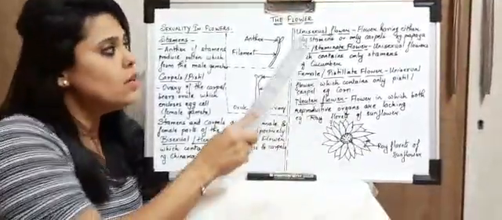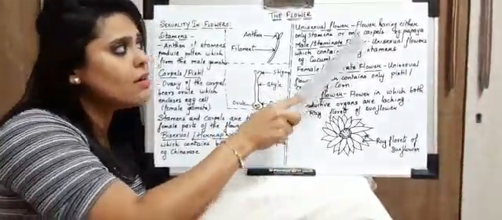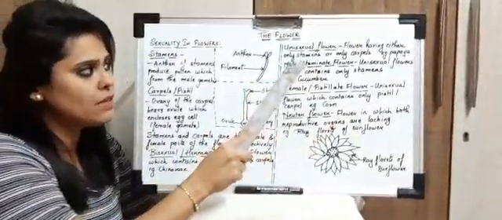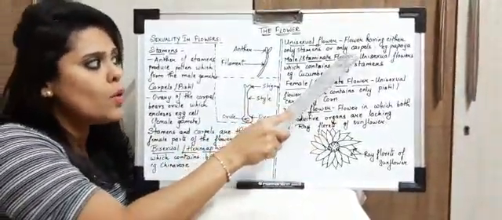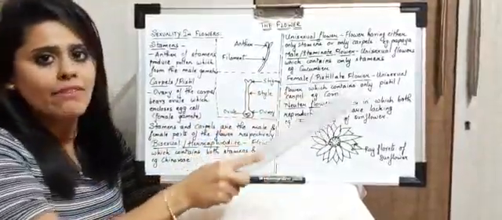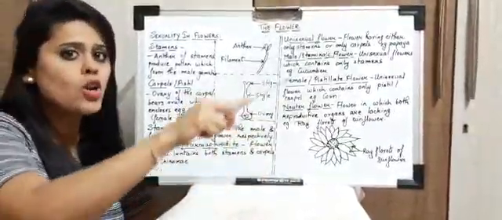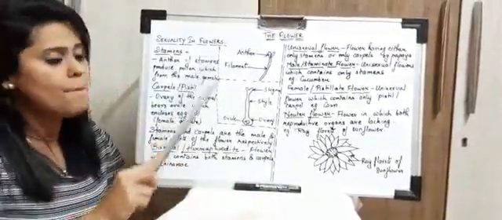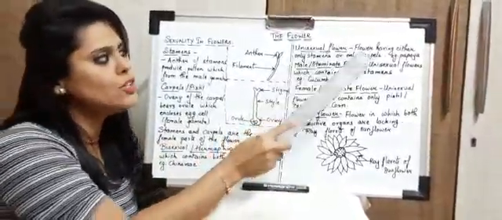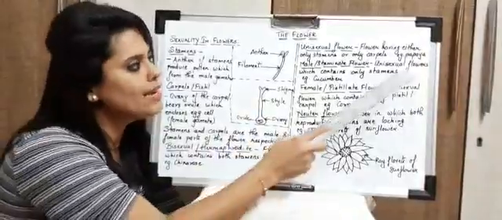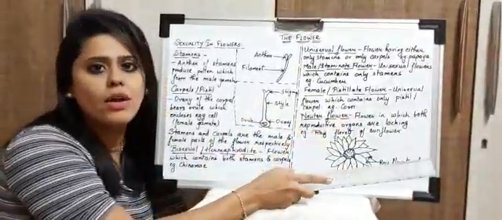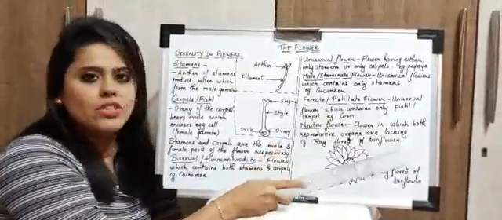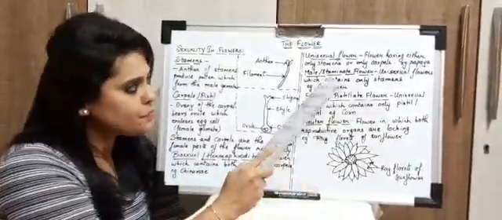No. You need to say here that a flower having either only the stamen or only the carpels, either of the one sexual part, is called as the unisexual flower. Example, papaya or even palm. So this is the definition of unisexual flower.